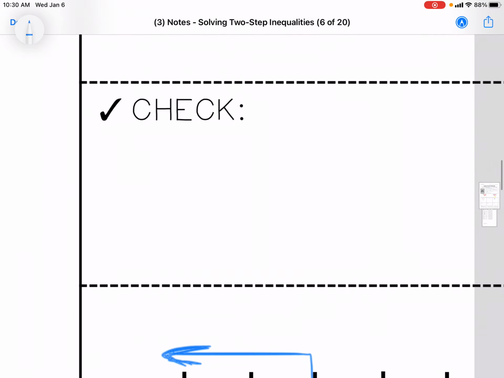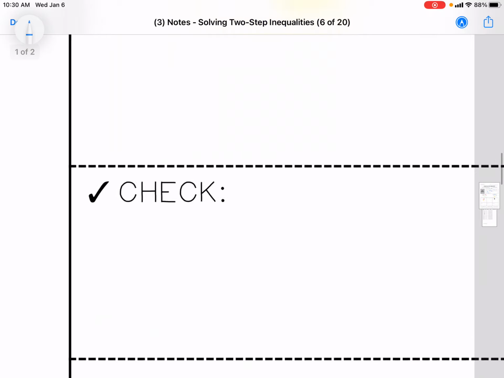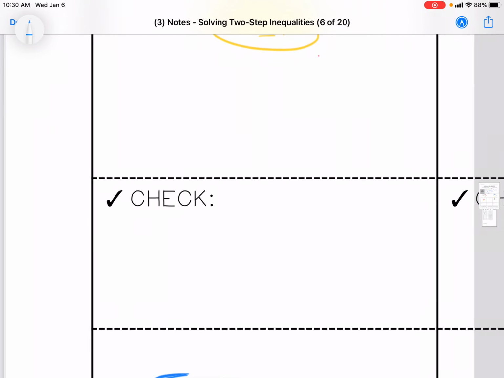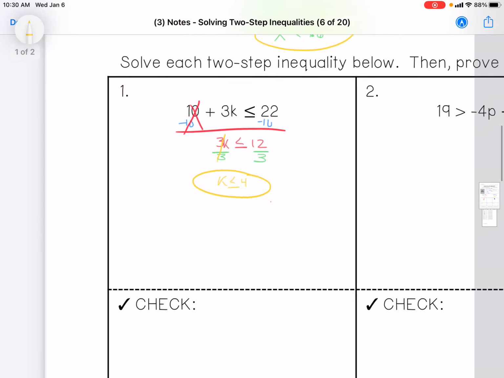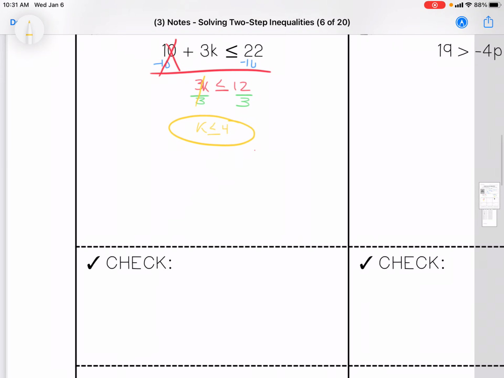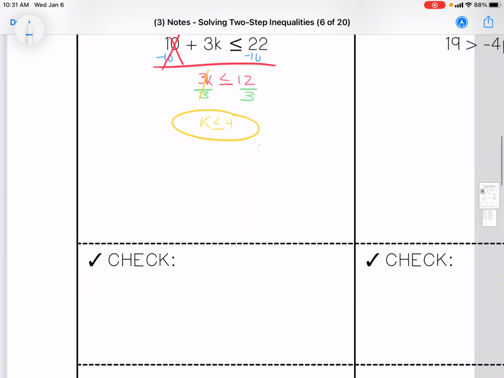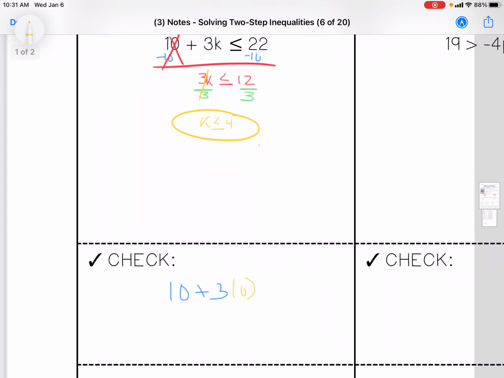Let's go back and check it now. We should have did this first, but K can be any number less than 4. So let's make it 0. 0 is less than 4. So we're going to put 0 in where K was. So we had 10 plus 3 times 0.